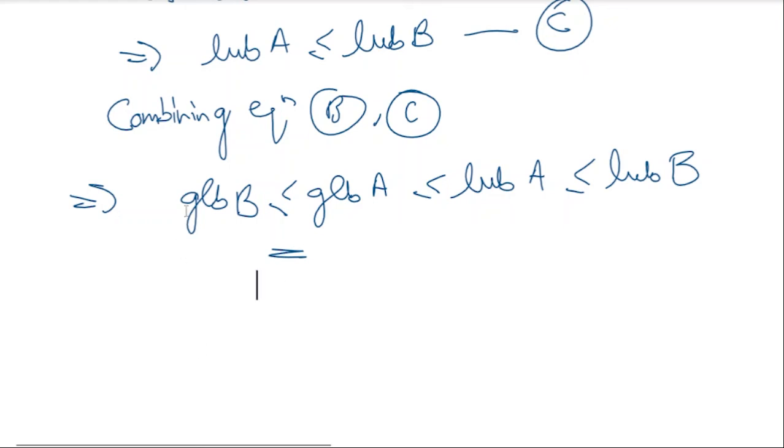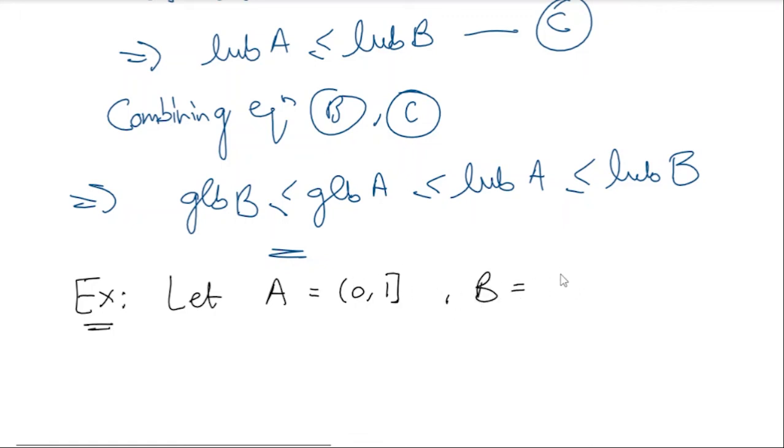Now we have completed the proof, but let's verify the result for some particular cases. Let's do an example. Let me choose A to be this semi-open interval, open at 0 and closed at 1, and B to be this one, closed at -2 and open at 2.